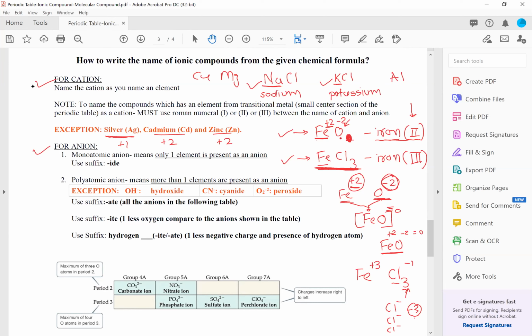So if you have any of these metal elements, you do not need to write a Roman numeral. The reason is they carry only one charge. Are we good, everybody? Any question, confusion?